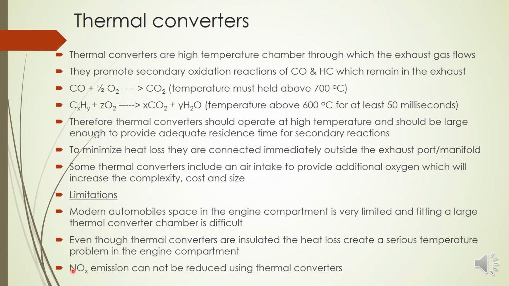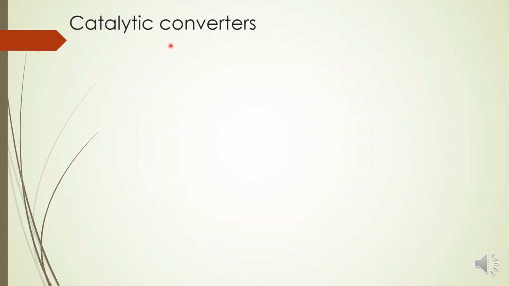And another thing is that NOx is another important emission we have to reduce from IC engines, but this chamber does not do anything about NOx emission. So it cannot be reduced using this thermal converter. These are the main limitations of the thermal converter. Second, we have the catalytic converter. This will somehow eliminate the disadvantages of thermal converters.